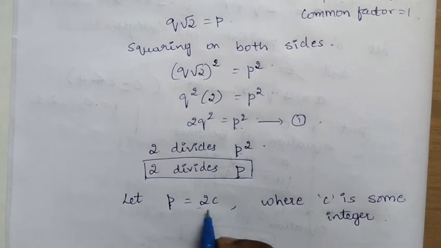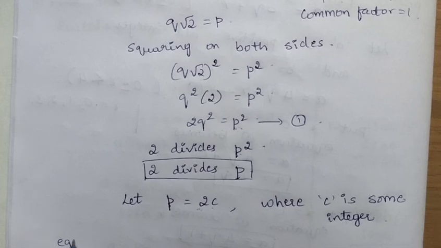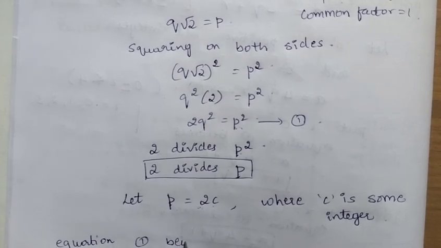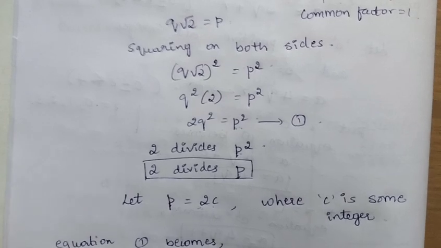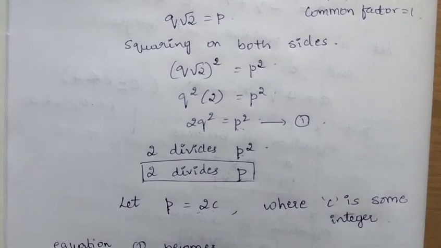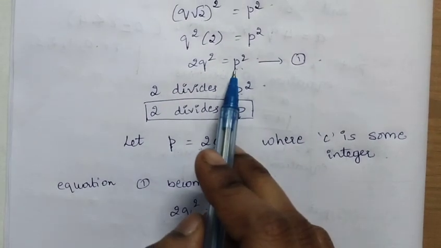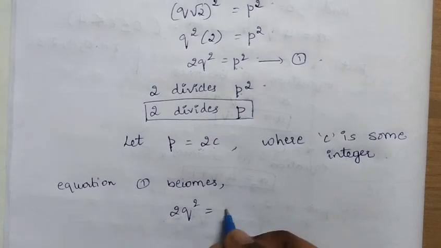Now I can substitute the value p is equal to 2c in equation 1. Equation 1 becomes 2q square is equal to, in the place of p square, 2c whole square.